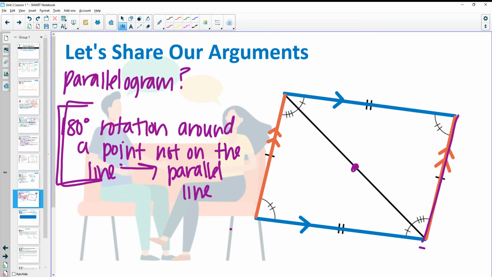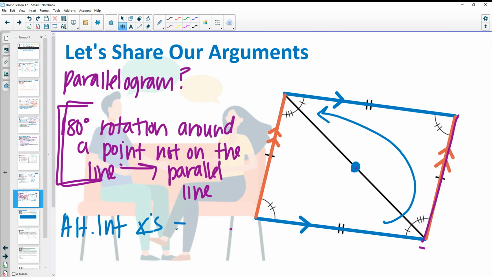Another option is maybe you remember that rotating creates these two angles that are congruent. So you see these alternate interior angles are congruent, and that forces the lines to be parallel.